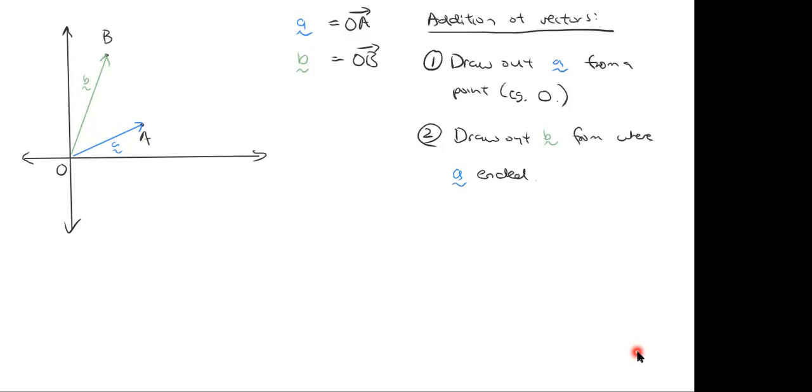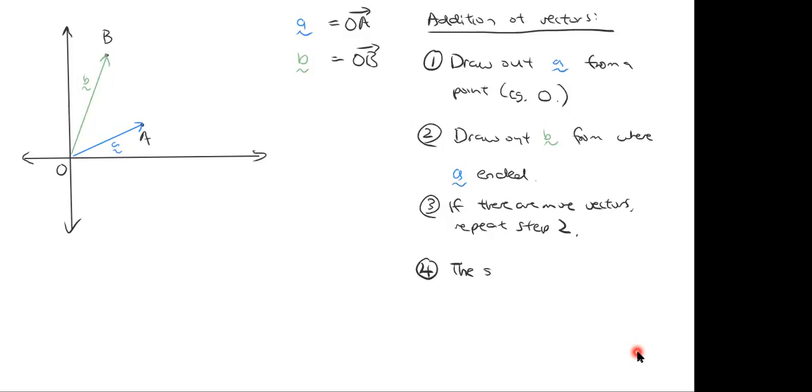And if there are more vectors to add, you repeat step 2. You draw one more arrow and finish at some place, you add the next arrow, you finish at some place, you add the next arrow, and so on until you've added everything.